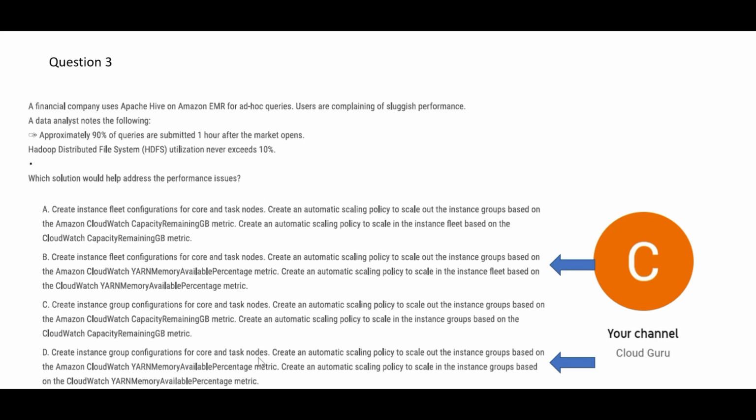So you can see from this metric, if that utilization is high, then you scale up or scale out, and then you have a scale in policy. If you see that utilization is low, you scale in, meaning reduce the number of instances or clusters. Scale out means increase the number of clusters. So D looks correct. Let's move forward.